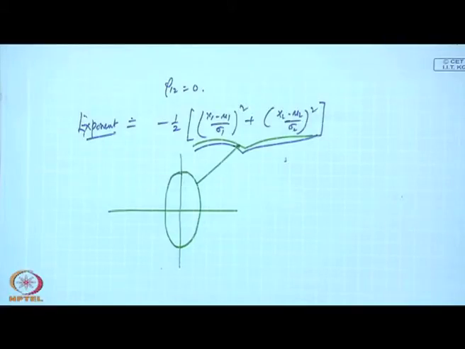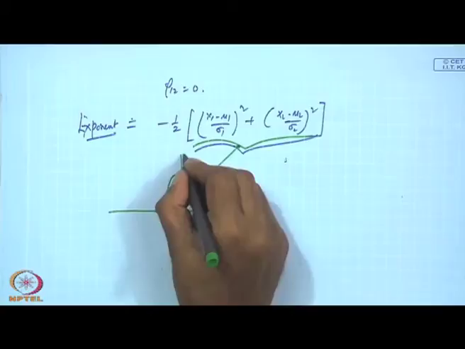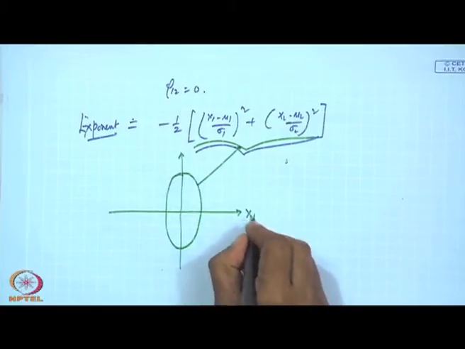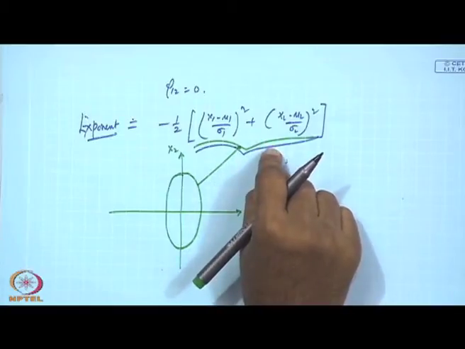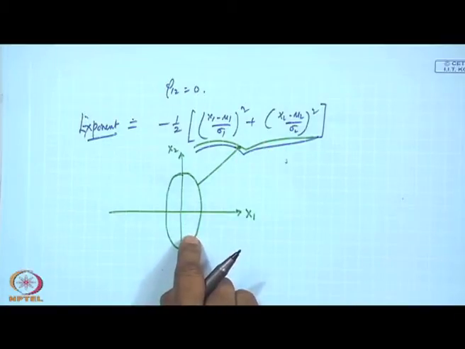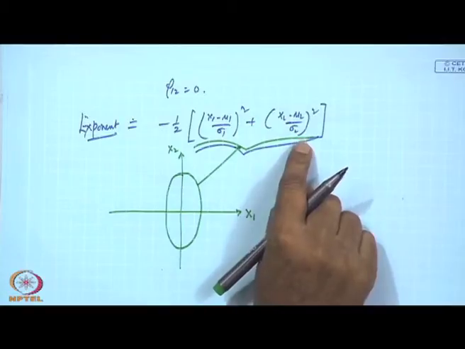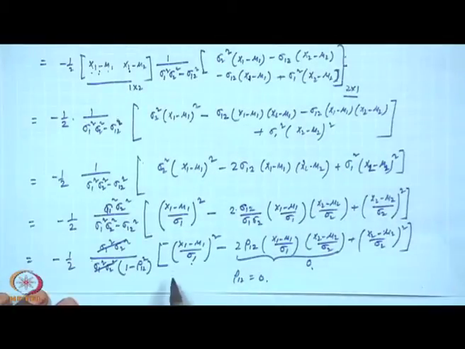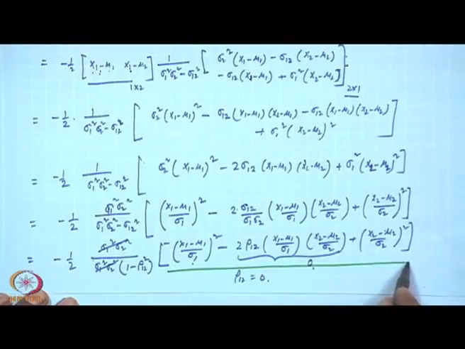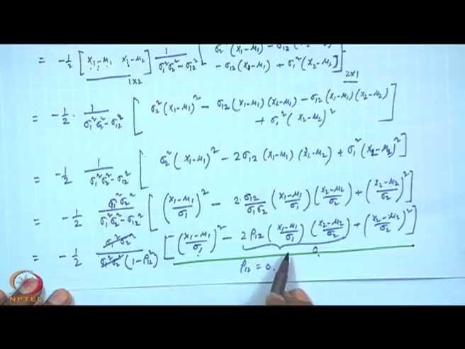Here is some combination. So, when you plot these x 1 and x 2, that exponent part, you are getting an ellipse. When? Anytime you can get an ellipse, because this one is also an equation of an ellipse. Please keep in mind, this is the general equation of an ellipse in 2 dimensions.